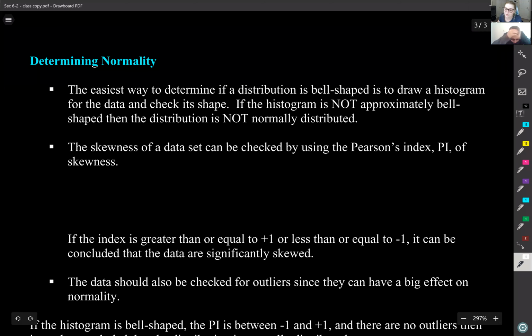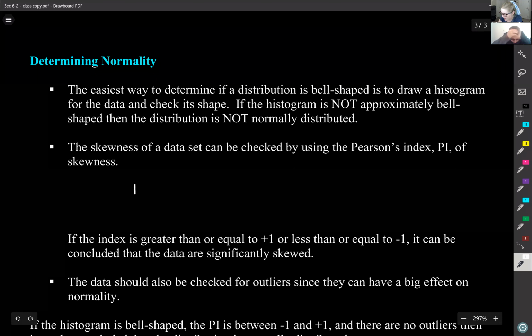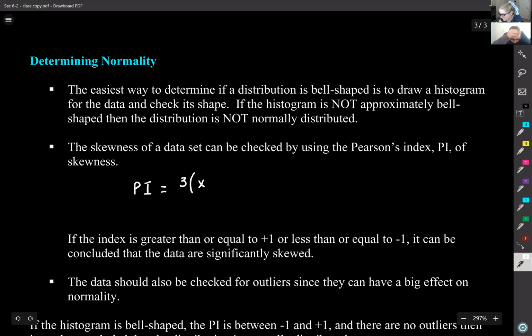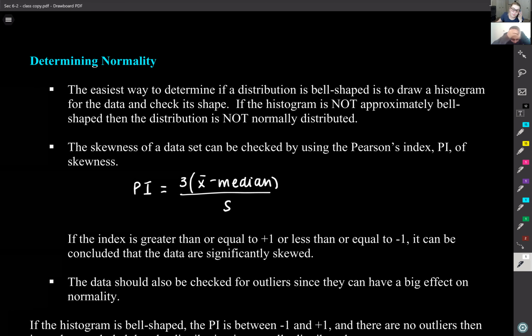So write this in on your lecture notes, depending on which one you're using. The Pearson's index, PI, is equal to 3 times X bar minus the median, all over S. And remember that X bar is the mean and that S is the standard deviation.